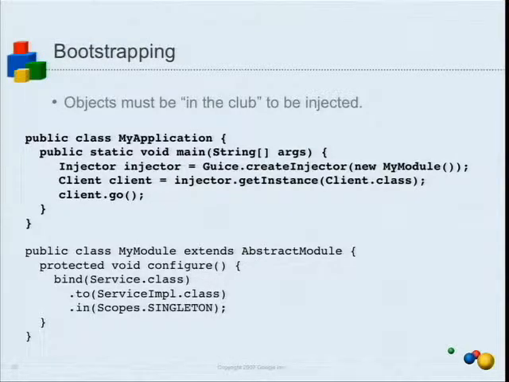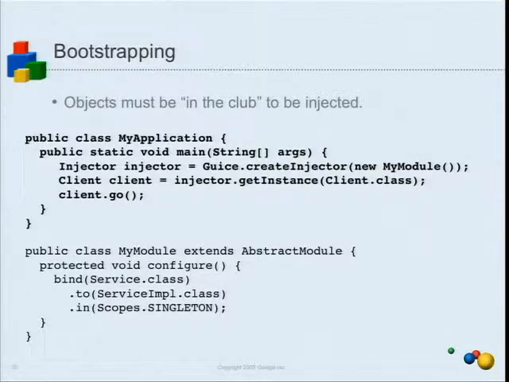I guess the central object in Guice is called the injector. Other frameworks might call this a container or something like that, but the injector is what creates our objects. So if we wanted to use Guice to create an instance of client, we just ask Guice to create the injector. We pass it our module.